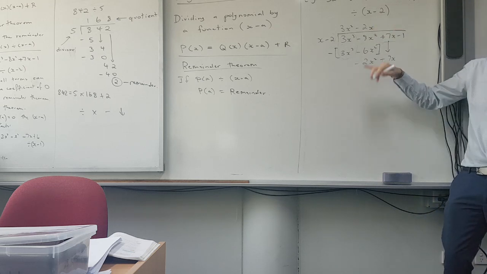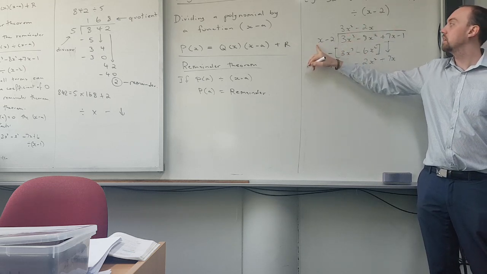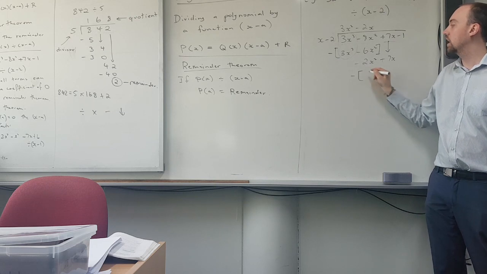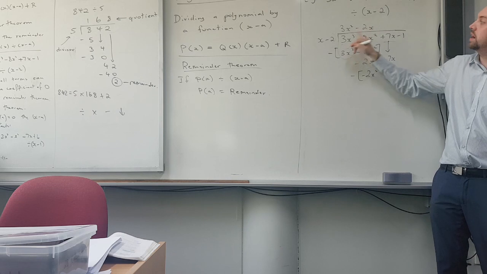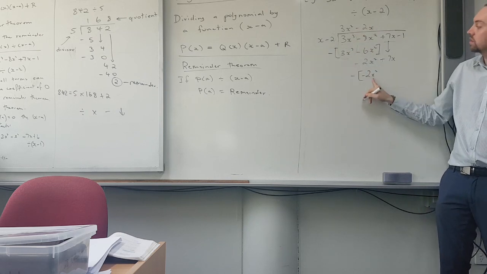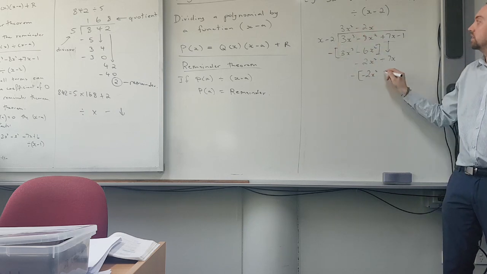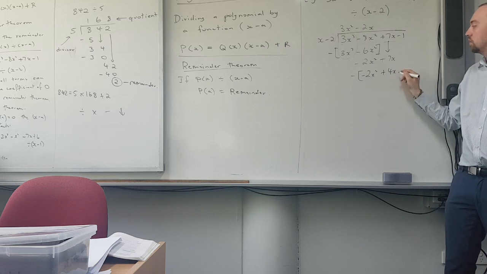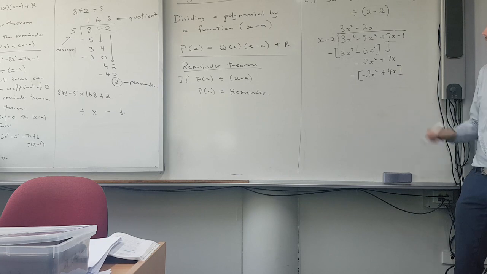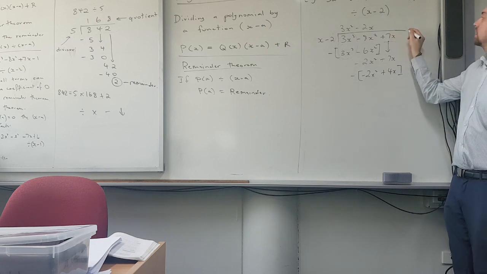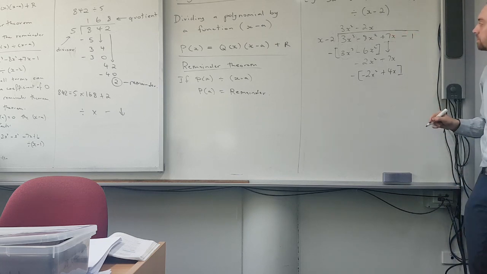And then multiply. Negative 2x times this function. I'm going to have to take negative 2x squared. Negative 2x times x is negative 2x squared. And I'm going to have to add 4x. Negative 2 times negative 2 is positive 4x. I'm going to have to extend this out a little bit.